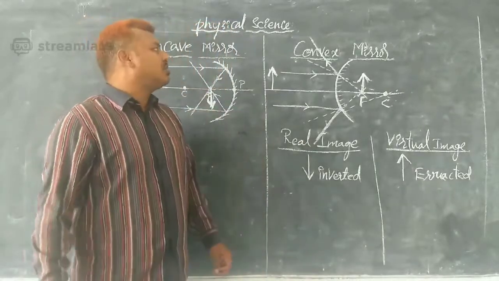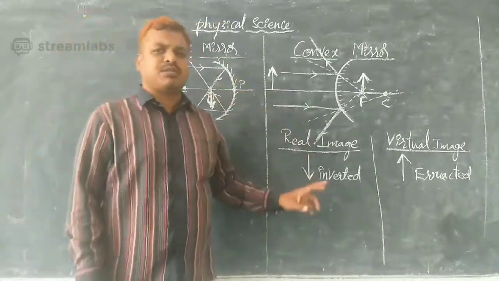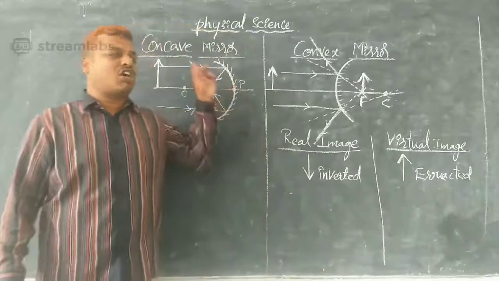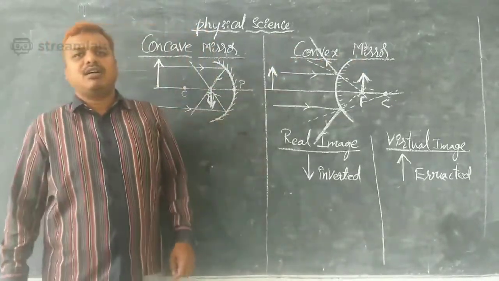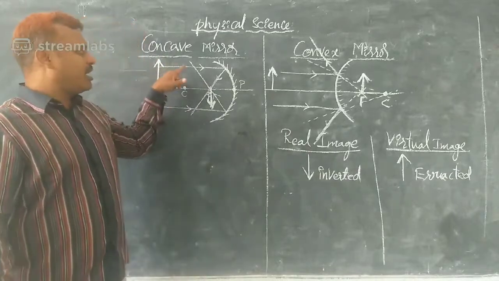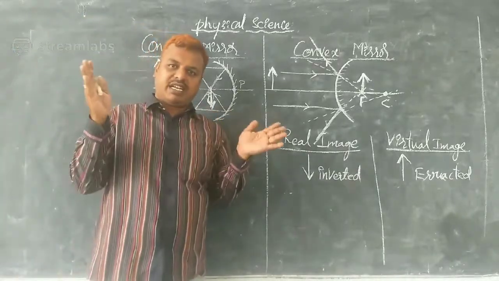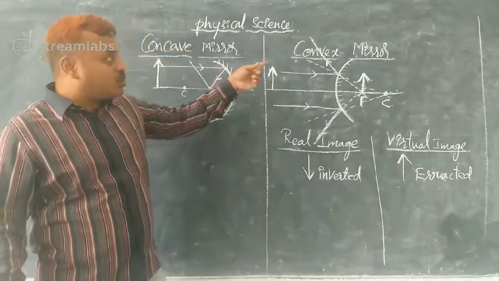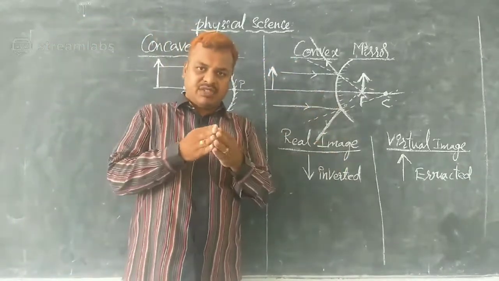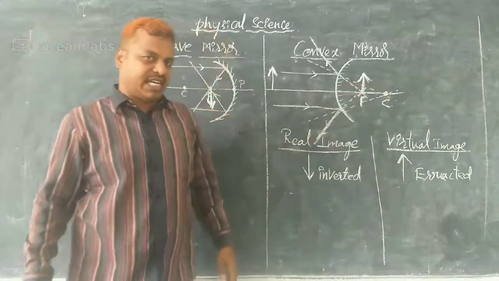Let us come back. These are the two types of spherical mirrors. One is concave mirror, another one is convex mirror. Concave mirror is a converging mirror. Light rays converge at one point. When it comes to convex mirror, light rays get diverged, and it is a diverging mirror.